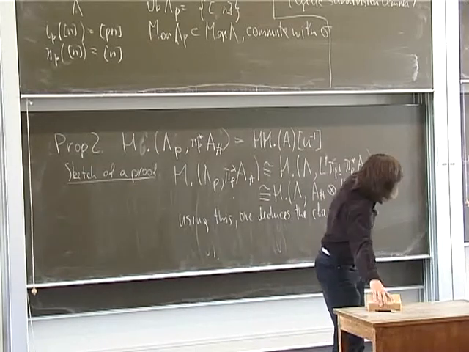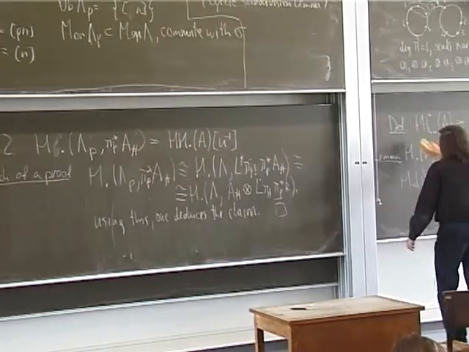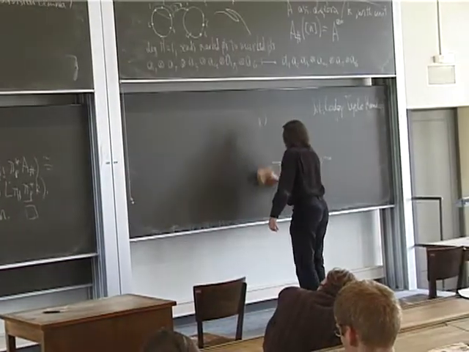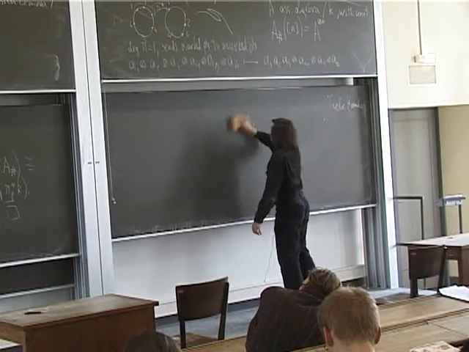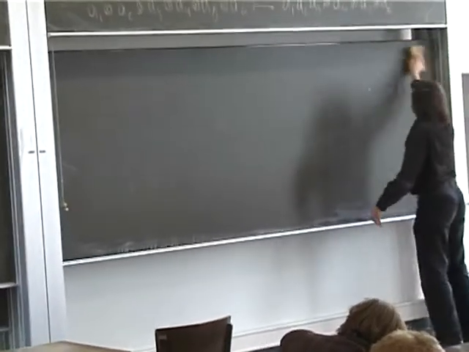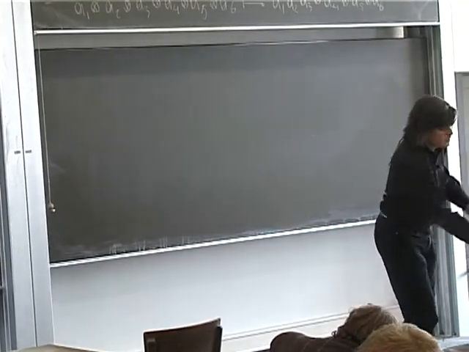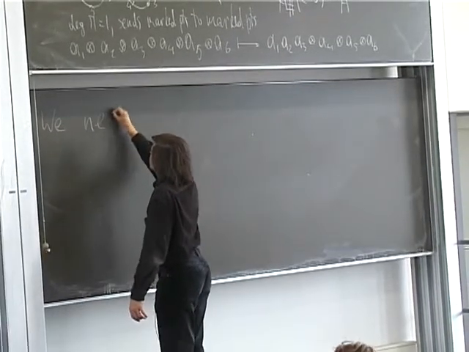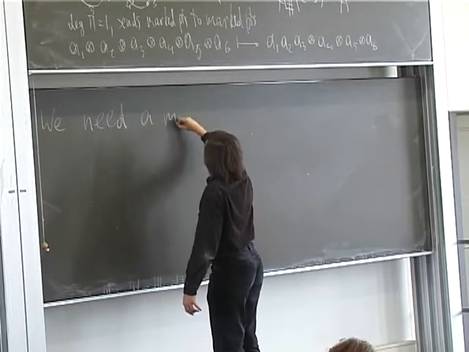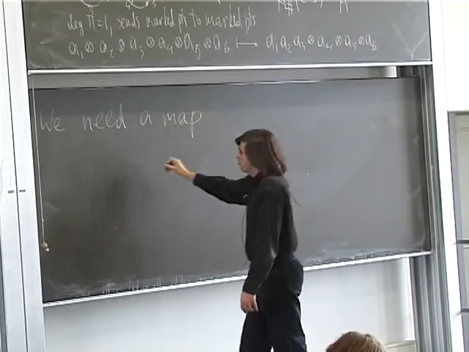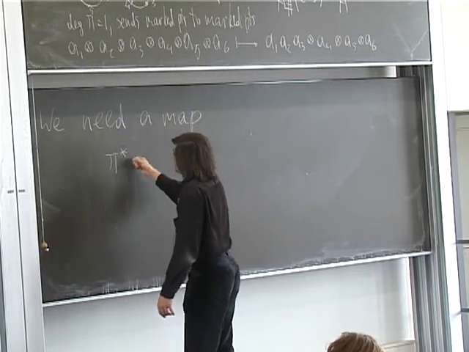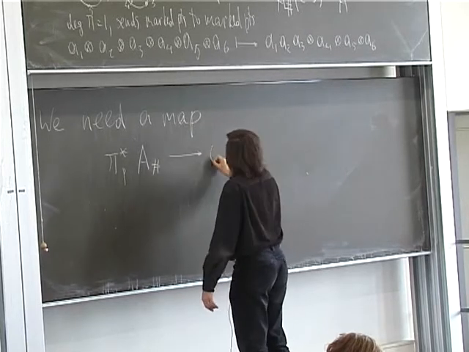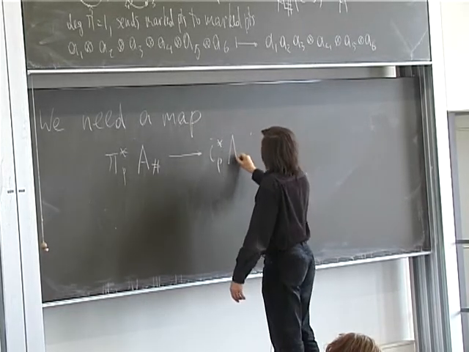So what I need is a map from pi upper star p of A hash to p upper star of A hash.